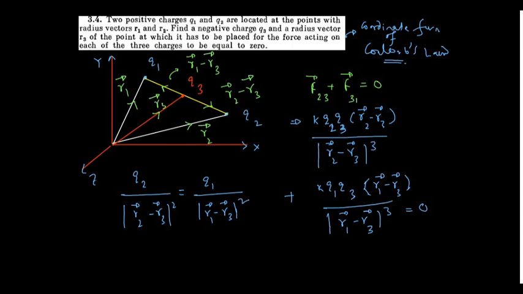Correct, fine. Now here I can do one thing: the direction of the r2 vector minus r3 vector and the direction of r1 vector minus r3 vector are anti-parallel to each other, right? If you check, this is the position of q3 and this is the direction of r2 vector minus r3 vector, this is the direction of r1 vector minus r3 vector.